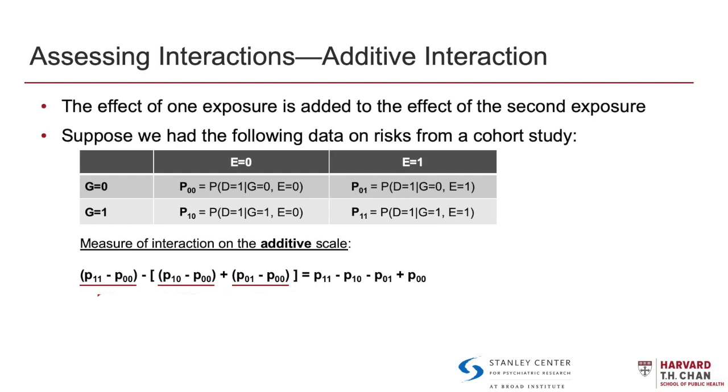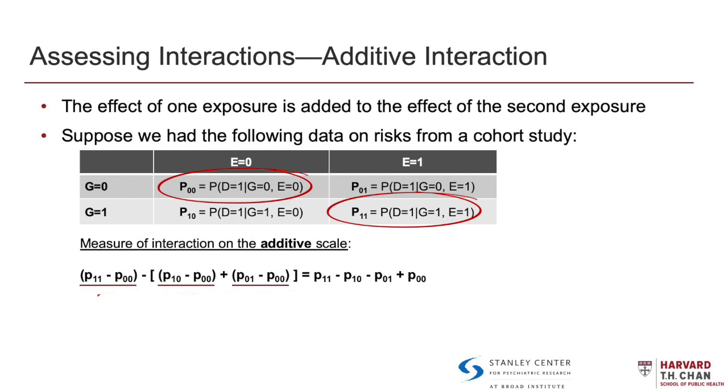The risk of a disease in the absence of both exposures is P sub 00. The risk in the presence of both is P11.